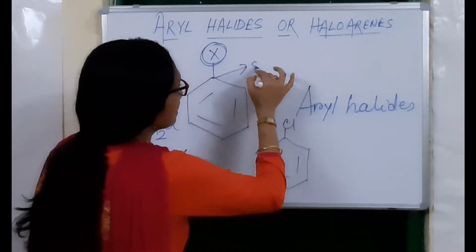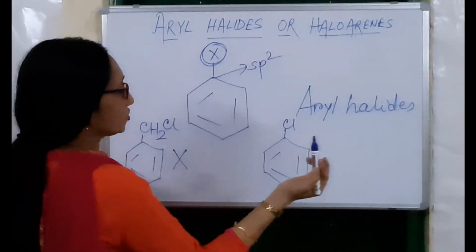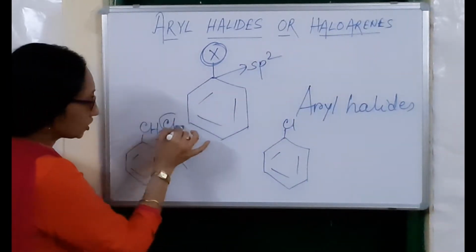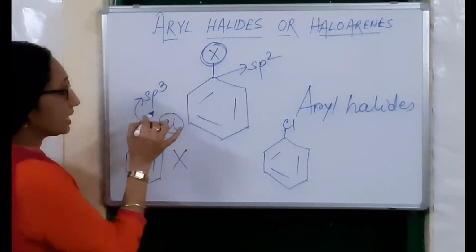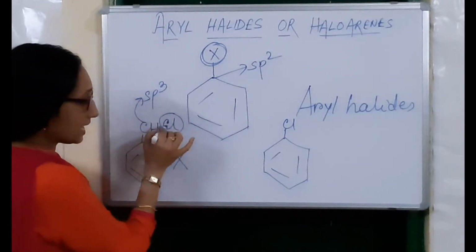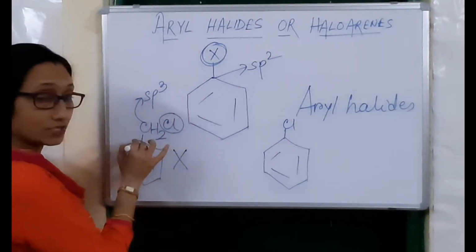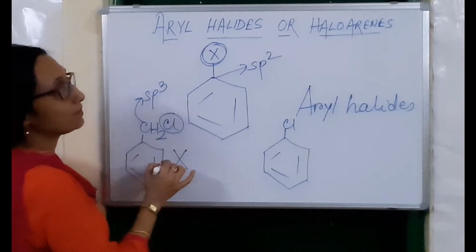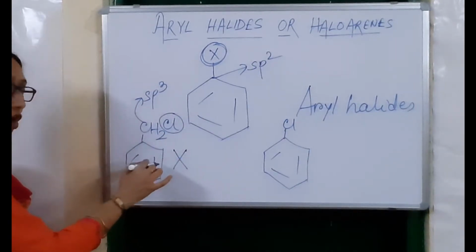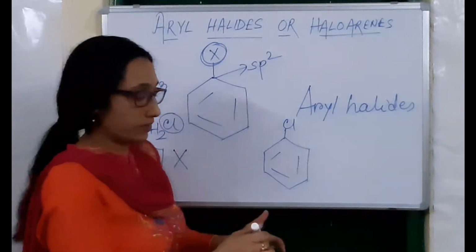See this carbon, this is sp2 hybridized. But here the halogen is connected to sp3 carbon. That means this halogen or Cl is not connected directly to the benzene ring. So this is not an example of aryl halides or haloarenes.